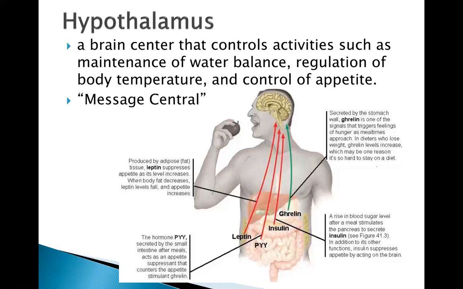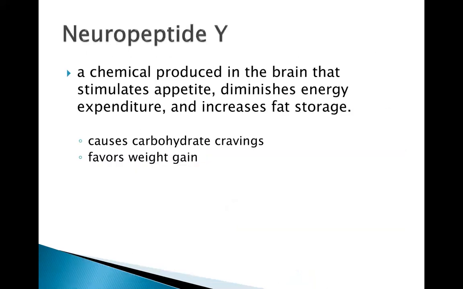And it will send a signal to the brain. Ghrelin is considered a hunger hormone, and so it tells us that we're hungry as we get closer to meal times. Insulin is secreted after we eat carbohydrates, and insulin acts to suppress appetite. And then PYY is a hormone that's secreted and counterregulates ghrelin, so it has the opposite effect of ghrelin and can reduce appetite.